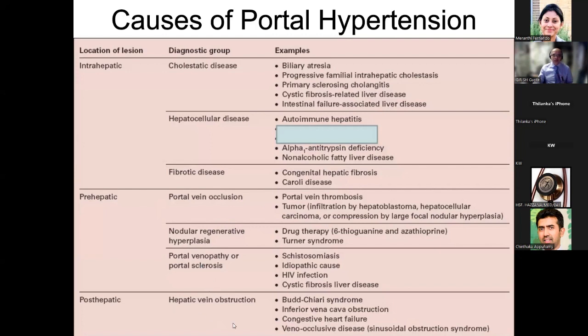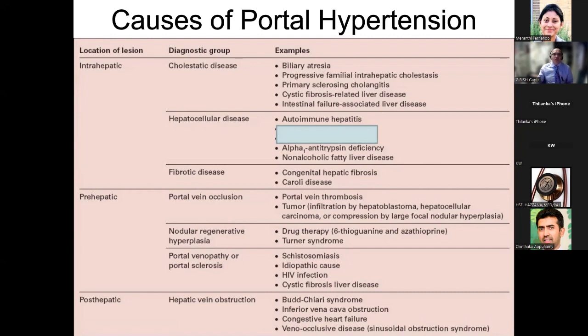And the post-hepatic causes I've already talked about: Budd-Chiari syndrome, inferior vena cava obstruction, and congenital and congestive heart failure. I just wanted to highlight that one of the causes which is quite important in the post-hepatic group is sinusoidal obstruction syndrome, which sometimes is seen secondary to the use of chemotherapy medications or some other medications.